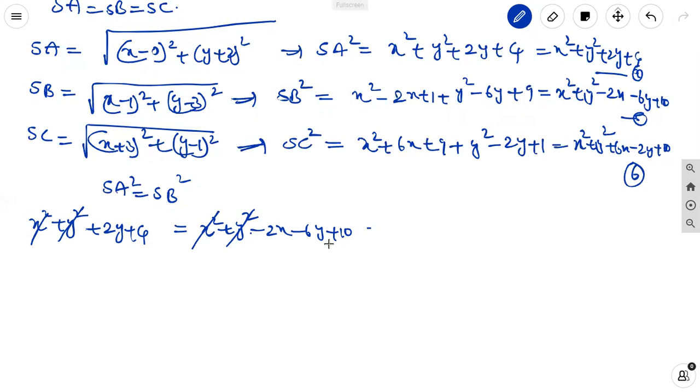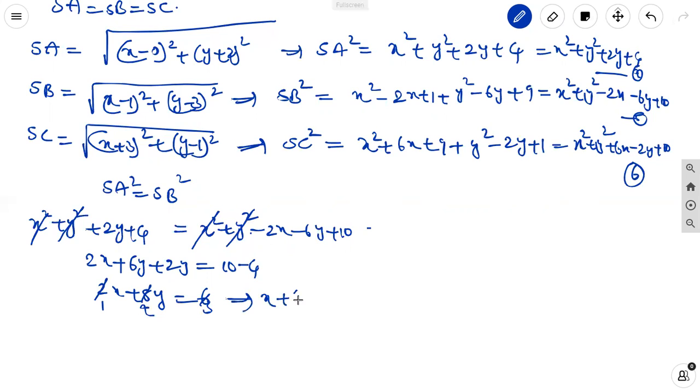These two terms are taken to the left side: 2x plus 6y plus 2y equal to 10 minus 4. It is 2x plus 8y equal to 6. 2 1s are 2, 2 4s are 8, 2 3s are 6. The equation is x plus 4y equal to 3. It is the seventh equation.